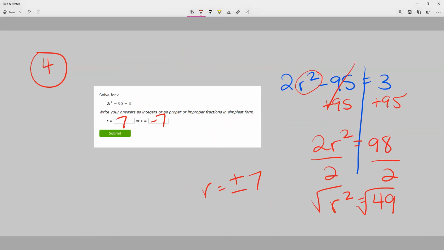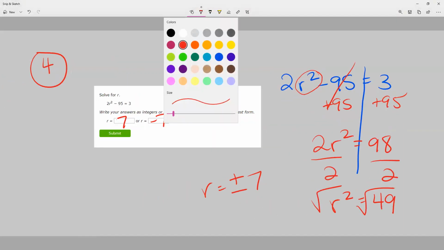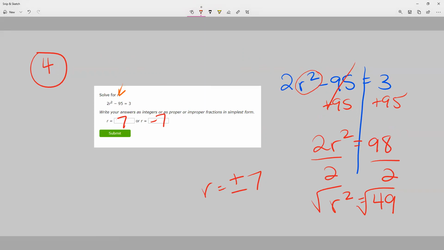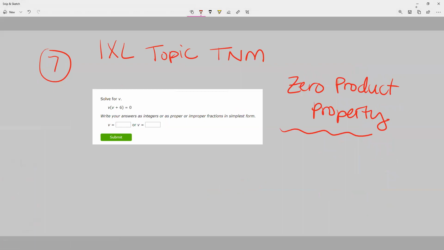So if we look at something like this, number 4, the reason that you can factor using square roots is there's no middle term. That's the only way it works. The problem is if you have a middle term, then you can't use that strategy anymore. So you have to do factoring. And we're not going to do that yet.